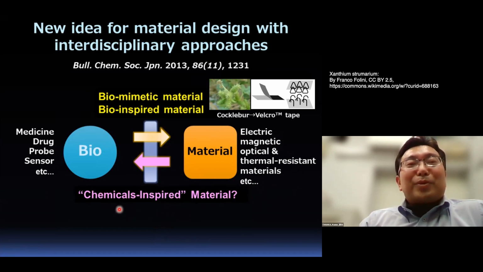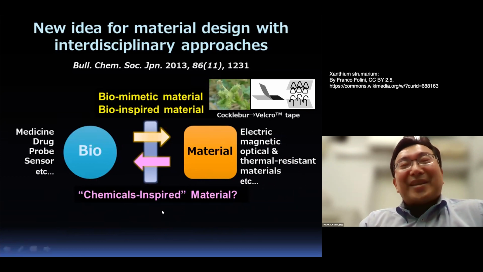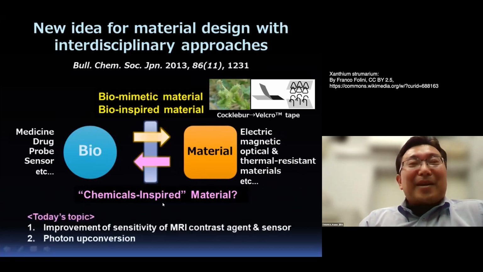We named these materials chemicals inspired materials. We call this material that only in our laboratory.